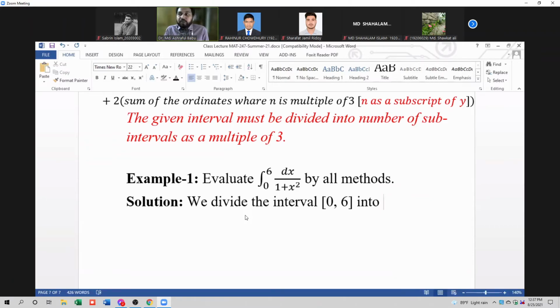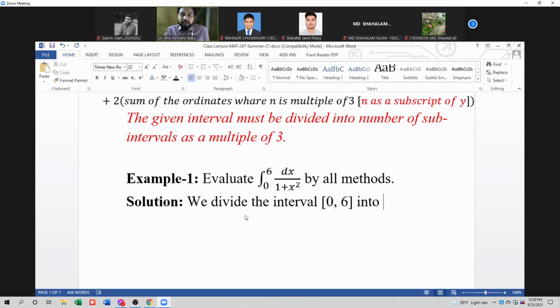The trapezoidal rule has no condition for how many subintervals we can create, but Simpson one-third and 3-8 have different conditions. But we have to solve one problem by 3 methods. So what can we do? We could create subintervals 3 times, once for each method.